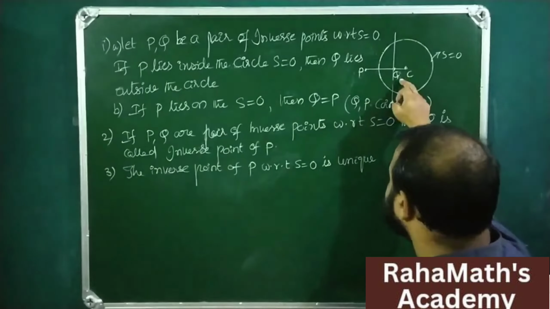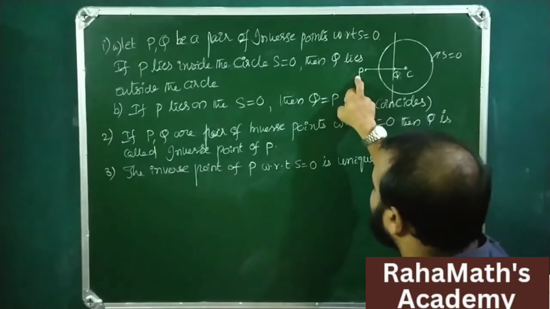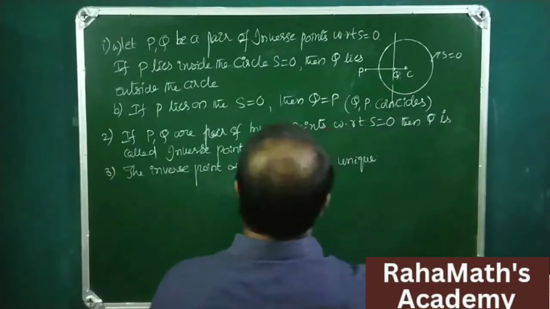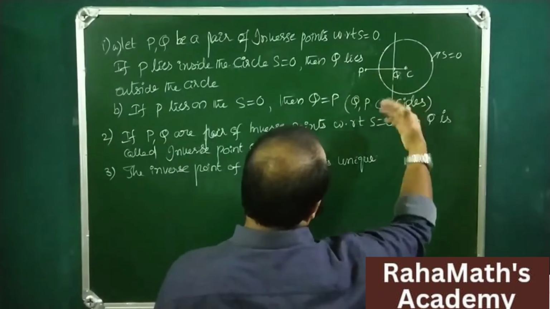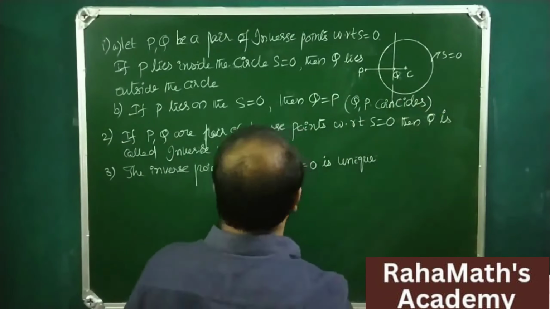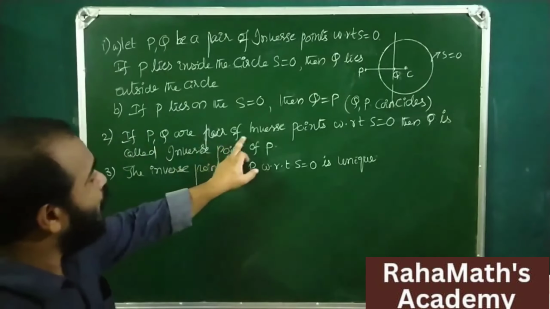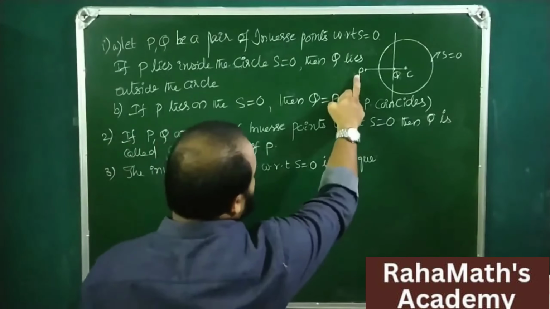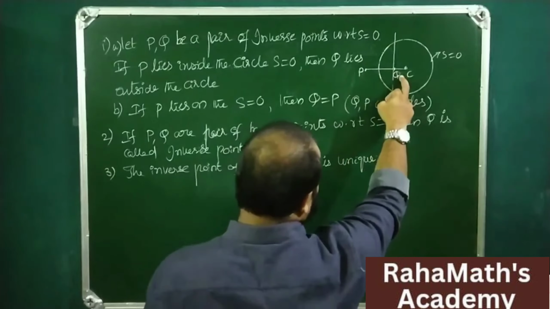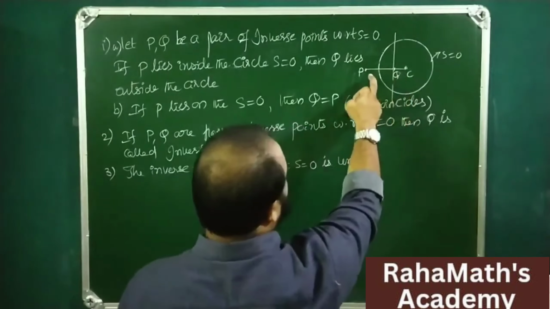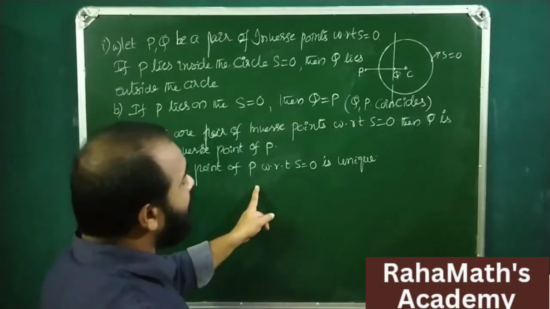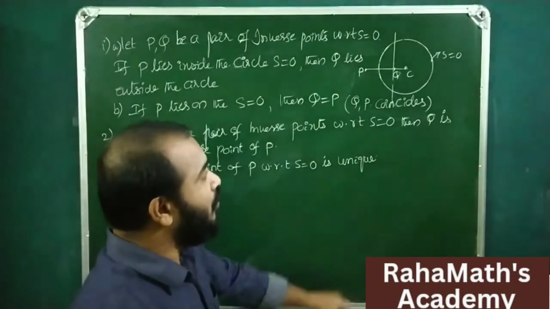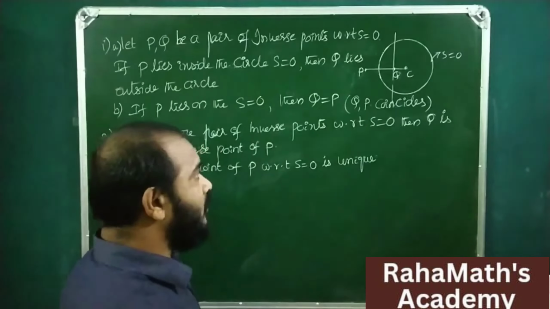Therefore, if P lies inside the circle, Q lies outside the circle. And if P lies on the circle, then both P and Q coincide with each other. If P, Q are a pair of inverse points, P is said to be the inverse point of Q and Q is said to be the inverse point of P. And the inverse point of P with respect to the circle S equals to 0 is always unique.